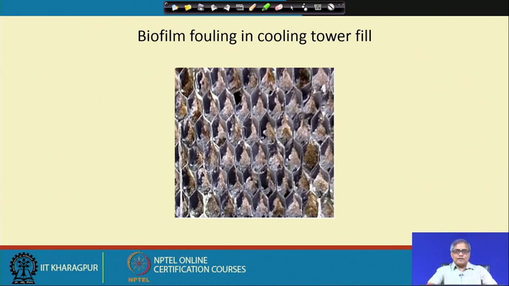Fouling of cooling tower fill is very common, and unless we keep these heat transfer surfaces clean from time to time, the performance of the cooling tower falls drastically.